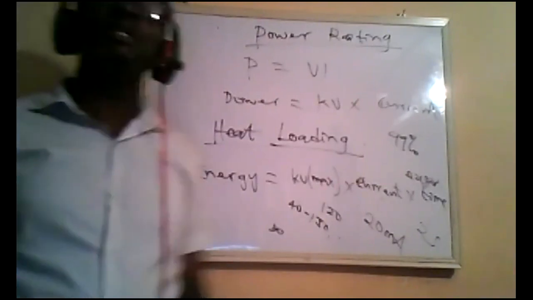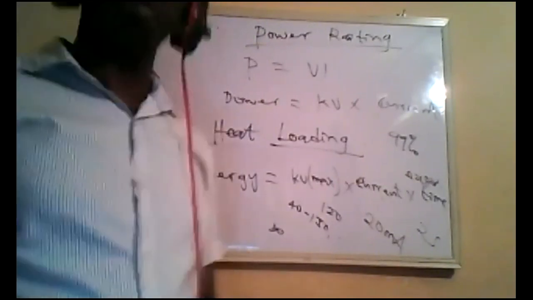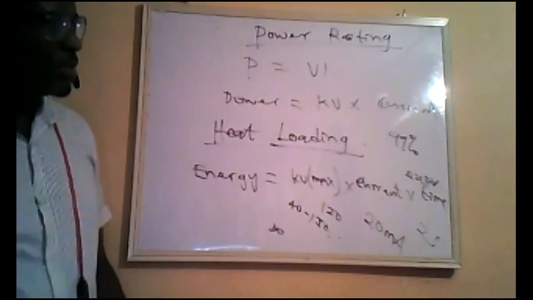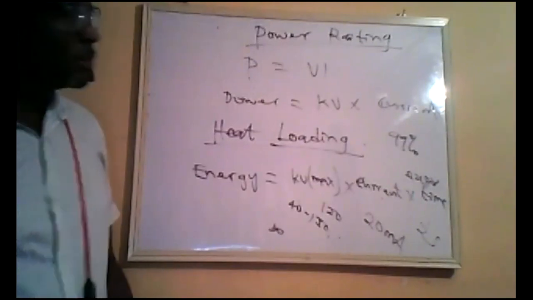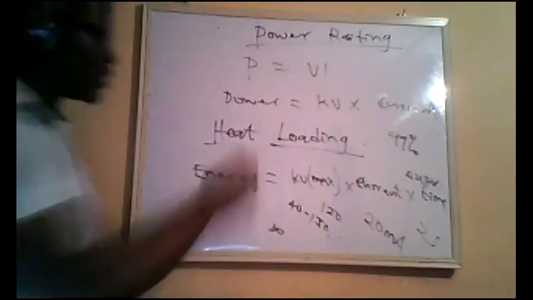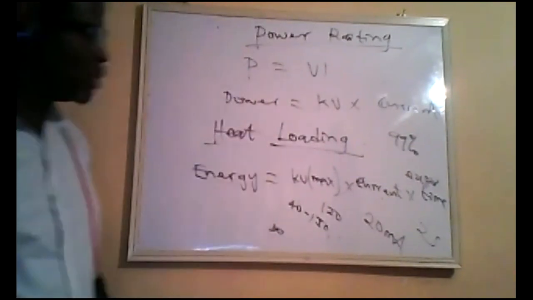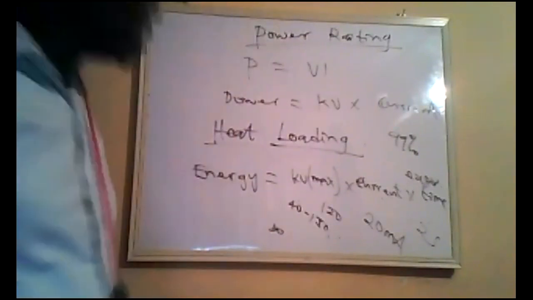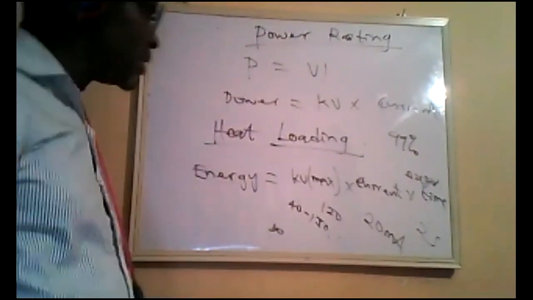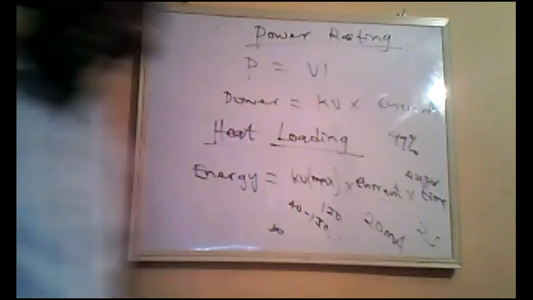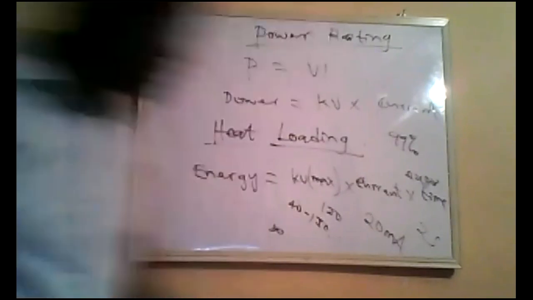But the fluoroscopy machines dedicated to interventional procedures must have a rotating anode just because of the problem of heat loading. So heat loading is very important in quantifying the amount of energy a particular machine produces.